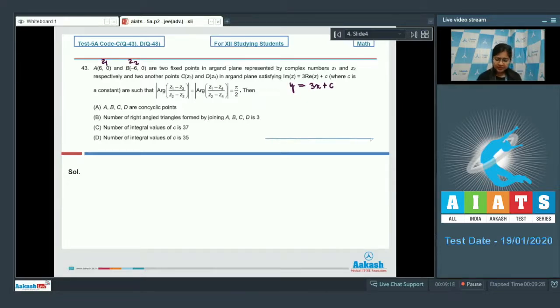So let us say this is the coordinate axis and let us say this is a circle passing through the point 6, 0, that is A, and also passing through minus 6, 0, that is B, right? Now here we see that the argument of this thing is pi by 2. So this is Z1, this is Z2.